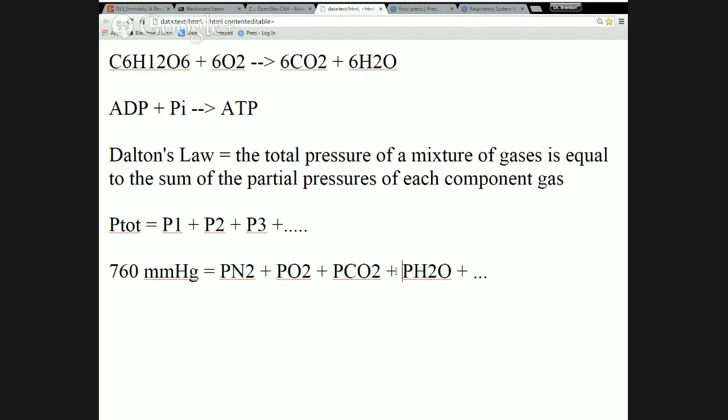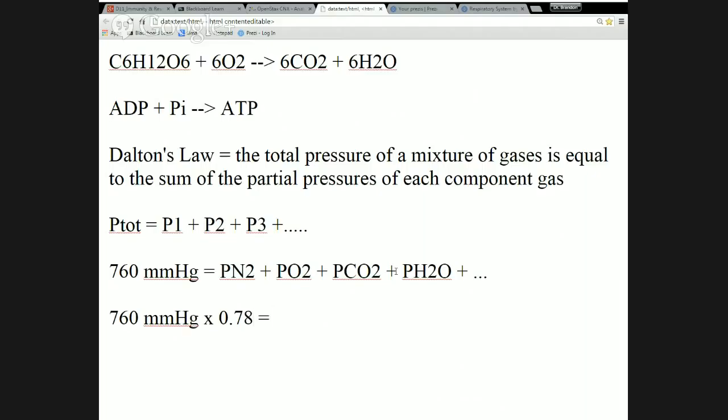For example, nitrogen makes up, like you said, about 78% of what's in the air we breathe. And so the partial pressure of nitrogen is just 760 millimeters of mercury times 0.78, okay?